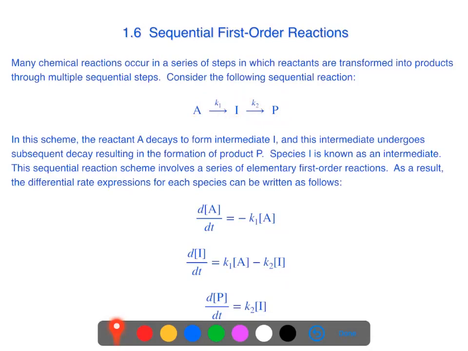So dP/dt is equivalent to and dependent upon the rate constant k2 and the concentration of the intermediate. And so we can, again, express each of the reactants or products in this series of reaction steps, the sequential first-order reactions. We can express differential rate expressions for each species as shown.